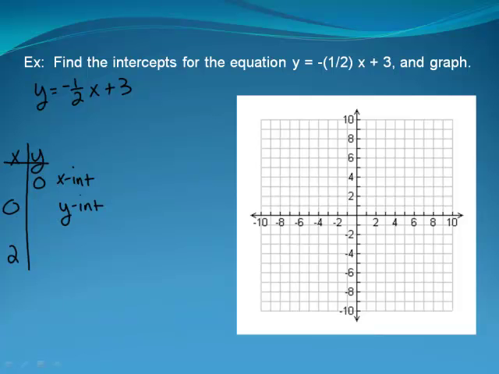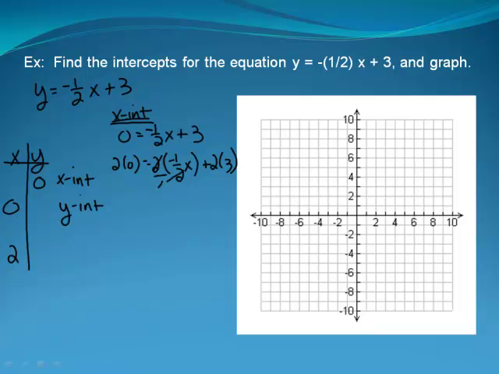All right, so x-intercept, let y be 0. So for the x-intercept, we're going to take 0 equals negative 1/2 x plus 3. Let's clear fractions by multiplying everything by 2. So we've got 2 times 0 equals 2 times negative 1/2 x plus 2 times 3. Remember that 2 will cross cancel here.